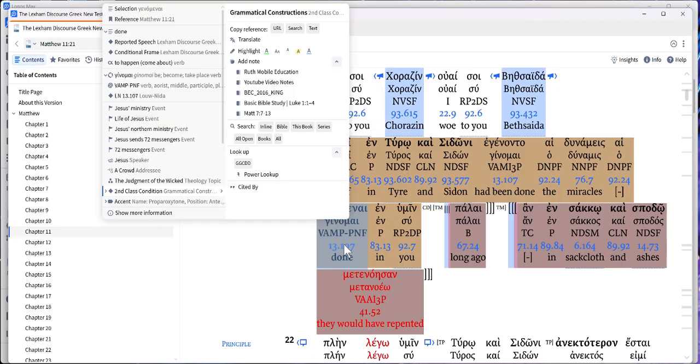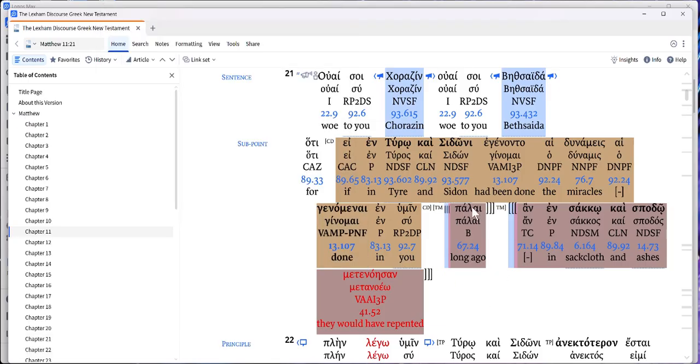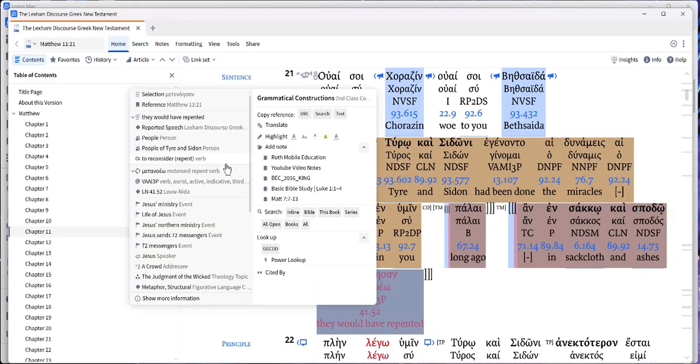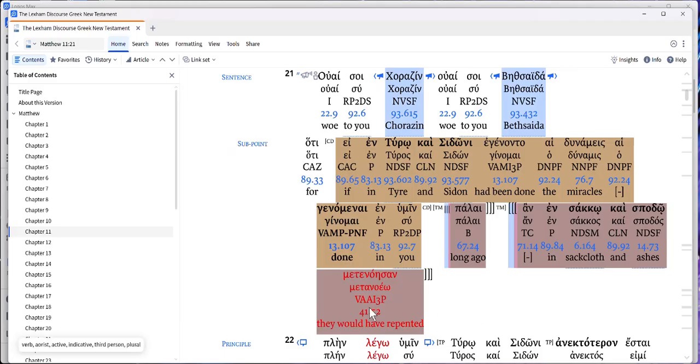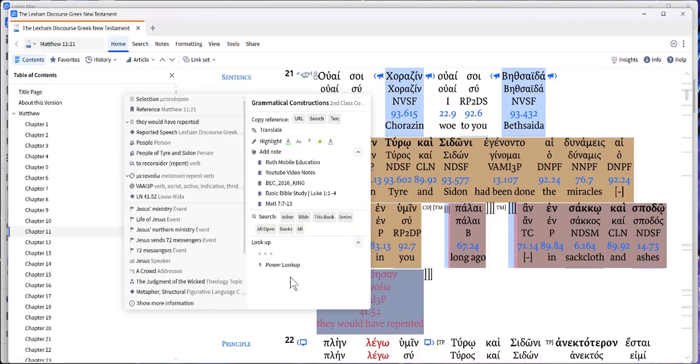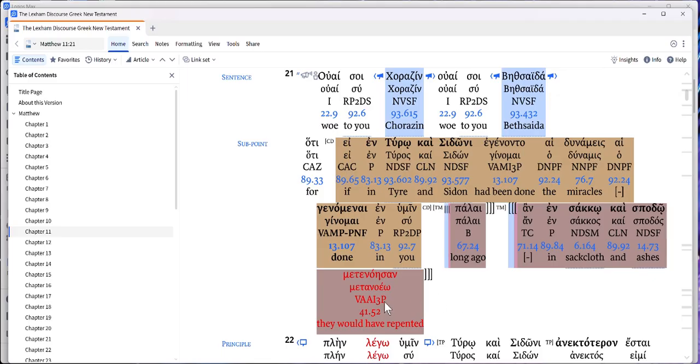If the miracles, if in Tyre and Sidon the miracles had been done, the other condition is they would have repented. So the condition is, hey, if these miracles were done, which they weren't, but if they were, they would have repented. So the result of the condition is the repentance in Tyre and Sidon.